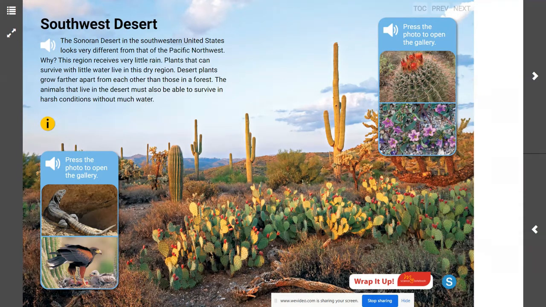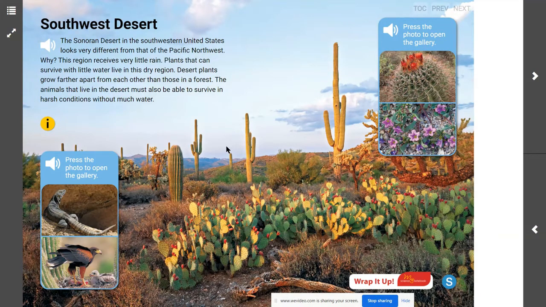We have some very low-lying cacti here. And there's a lot of space and some sagebrush growing, some small bushy plants growing in between all of these taller cactuses. And that is all because what happens here is there's not as much rain.